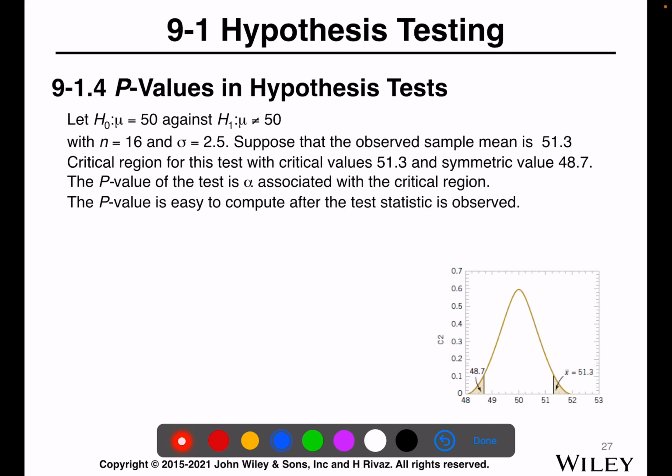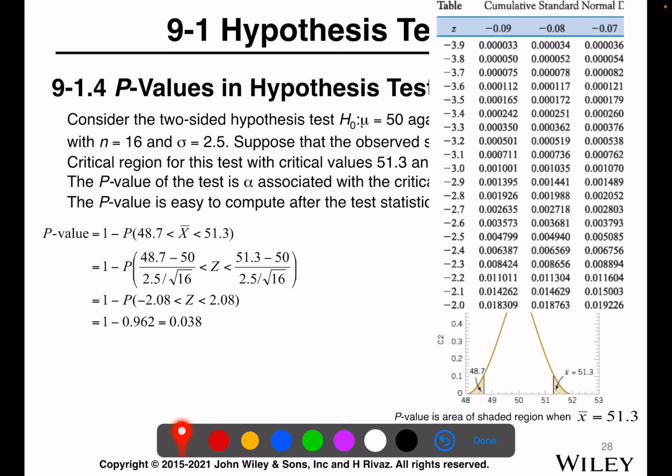Okay, so let's continue. So as I said, we are looking at either 51.3 or, in the other extreme case, 48.7. And we basically want to calculate this area under the curve, the summation of these two guys, right? So the z that we get from this computation is minus 2.08.